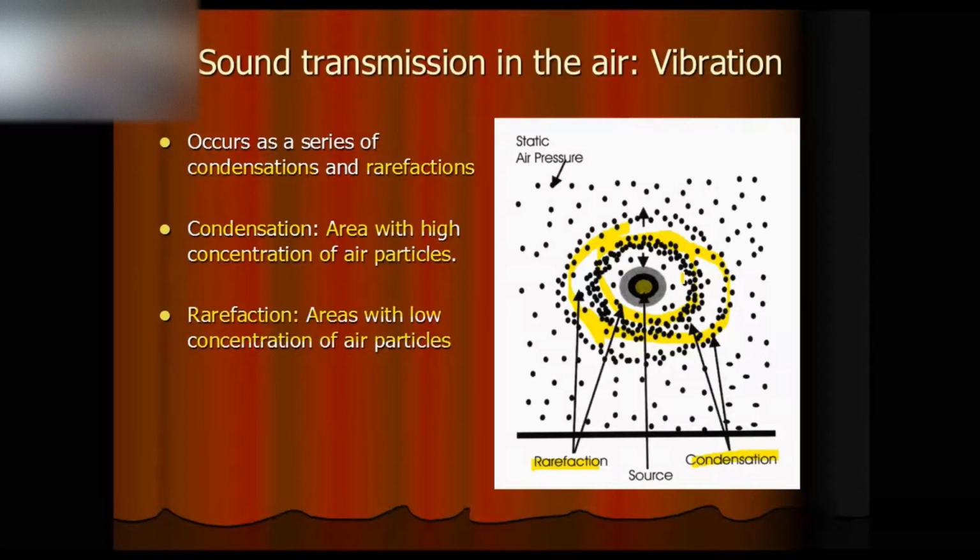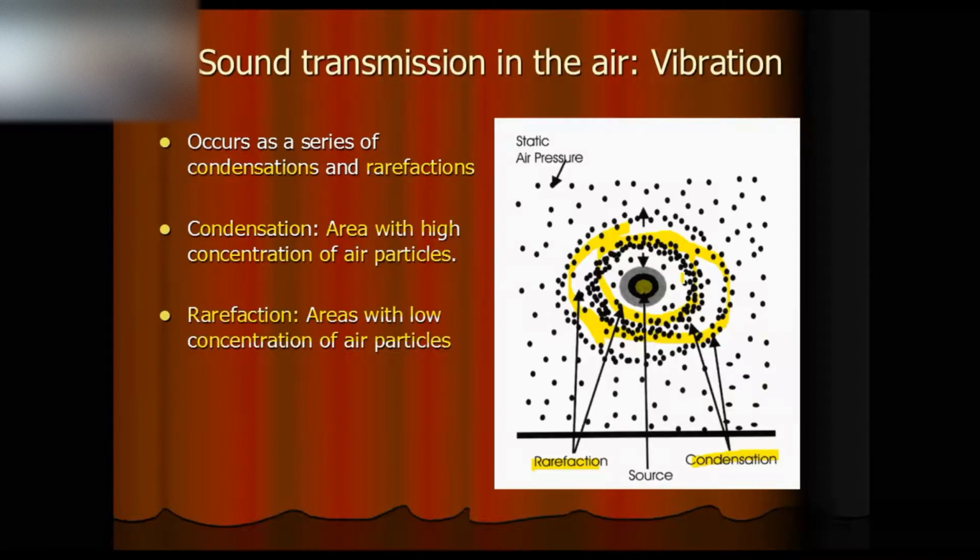So if both areas move back and forth, there will be condensation if they move closer, and there will be rarefaction if they move further. In this way, the sound is transmitted out from my mouth to your ear.